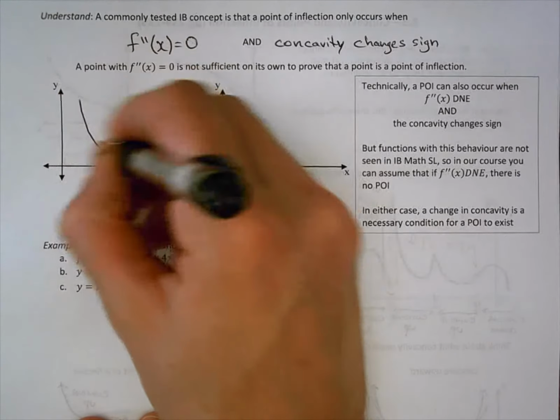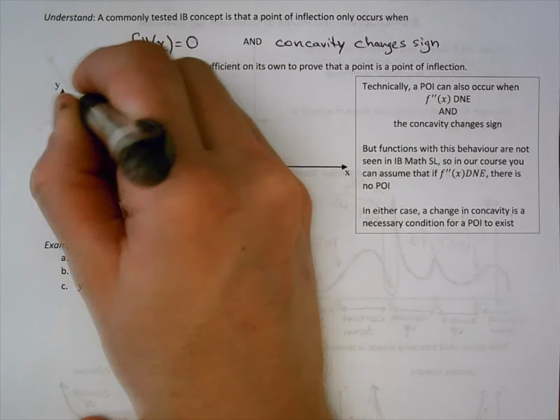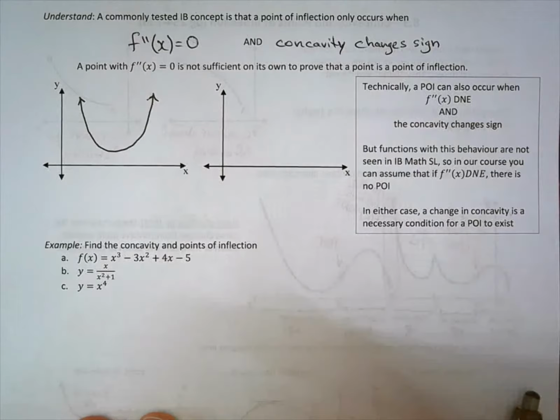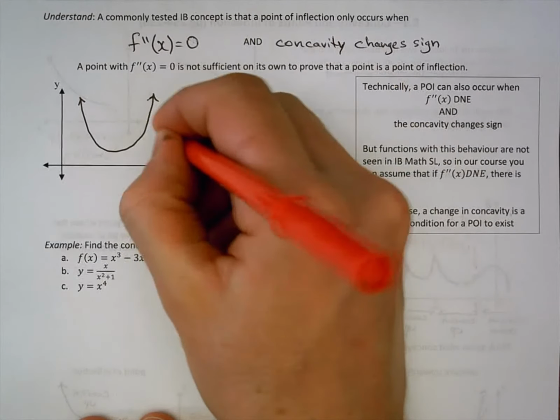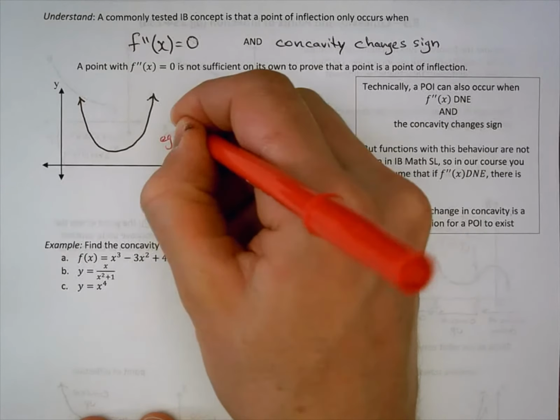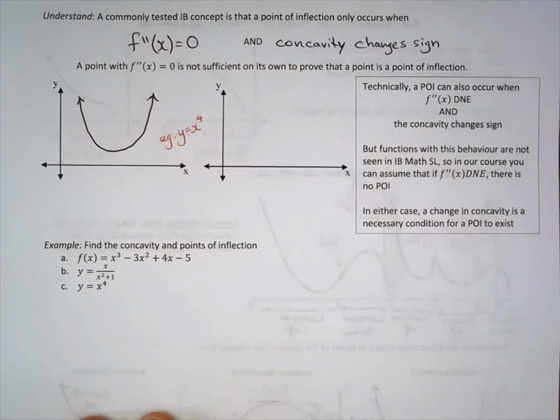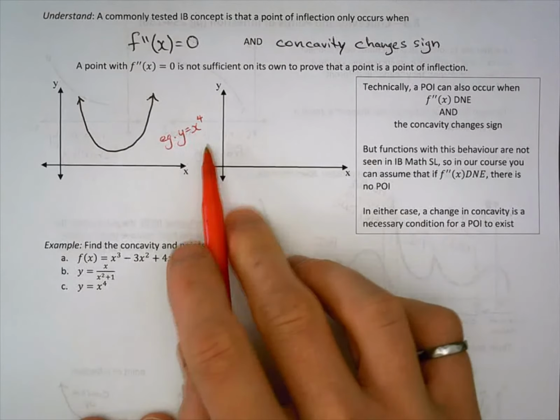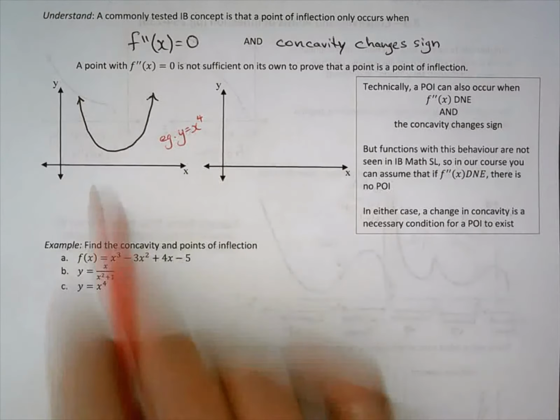You get a function like this, which looks like a parabola, but actually you can have a function like y equals x to the 4. So it's actually a quartic function with a few double roots.